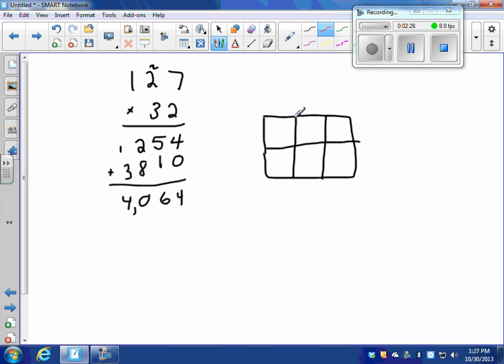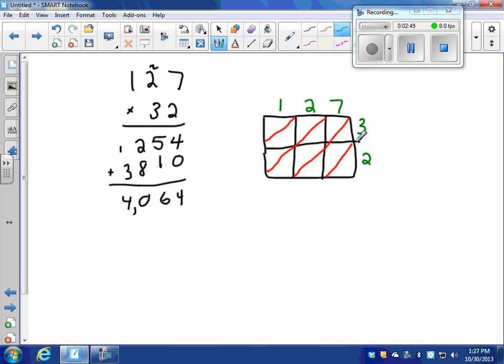I'll choose red for my diagonals. And I'll choose green just for fun to write my numbers. Look how colorful and pretty. So I'm going to write 127 over each of those columns, and my row will have 32.